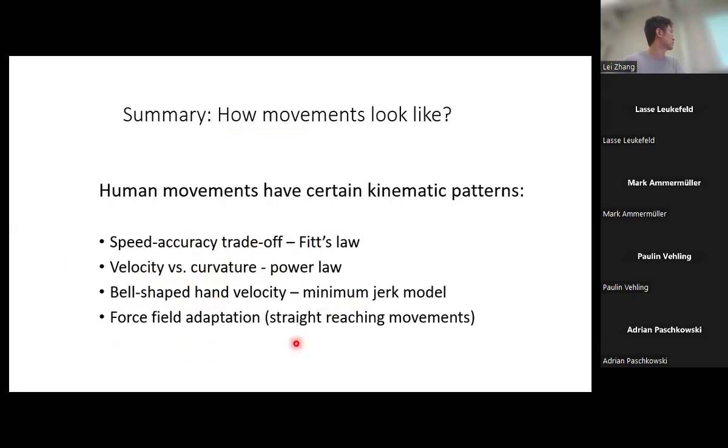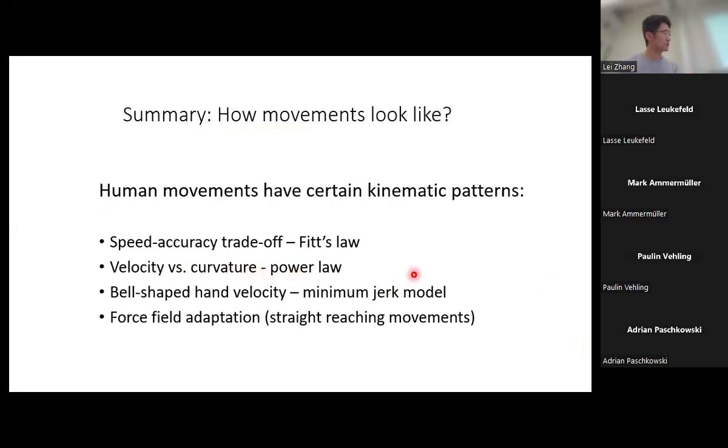We also looked at force adaptation, in which subjects always tend to make straight lines. Neurally, this is not included in this lecture, but there are also some neural data showing that if you plot the neural activation over time in the brain, you also have similar features capturing these kinematics, but I will not go into these neural topics.